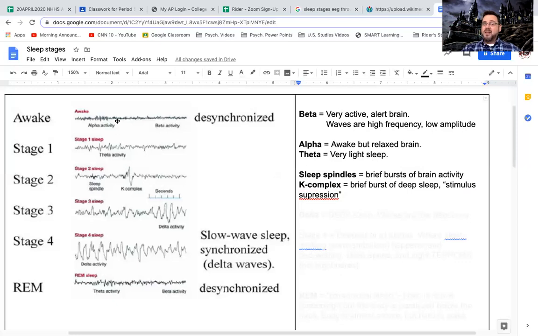So from awake to stage 1 to stage 2, we've continued to see brain relaxation, fewer neurons firing, but not completely. They're not completely offline. We've still got these sleep spindles happening, but every step of the way, heart rate slows down in stage 2 even more. Breathing slows down even more. Blood pressure drops even more. Muscles relax even more. And that continues into stage 3.